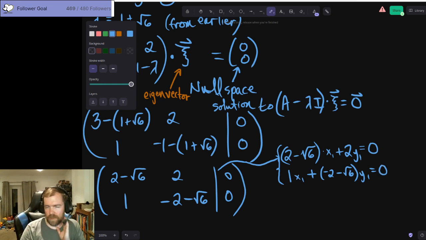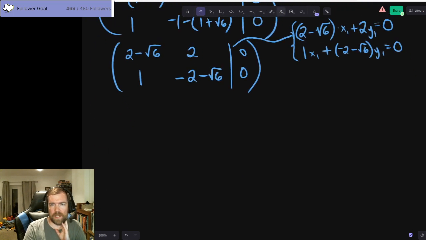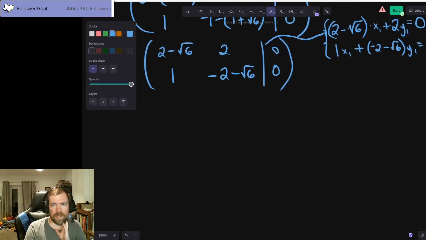So again, you could do this system of equations pretty much any way you want. There is a fun, real fast way in your calculator. We'll give you the name of that in just a minute.